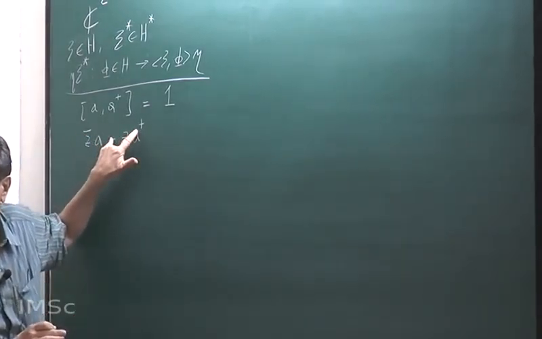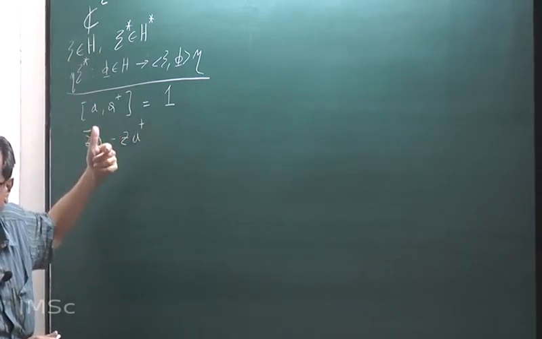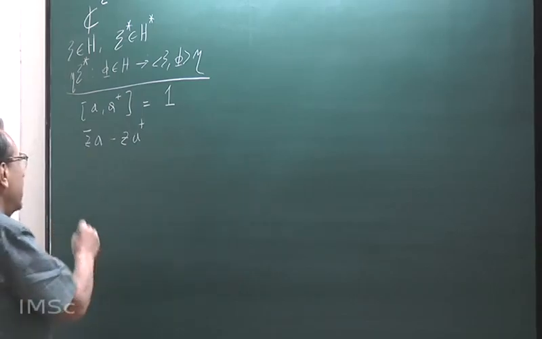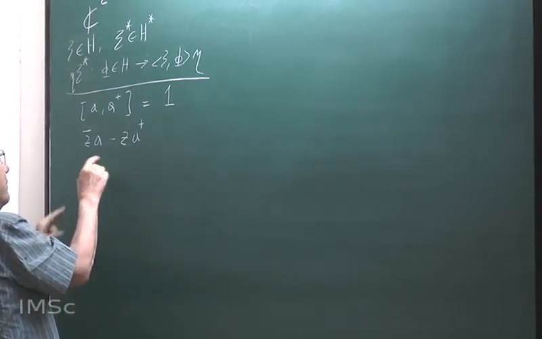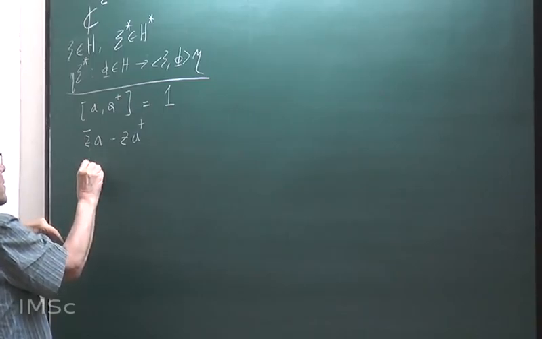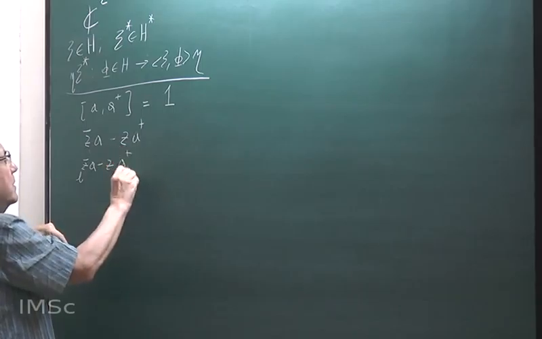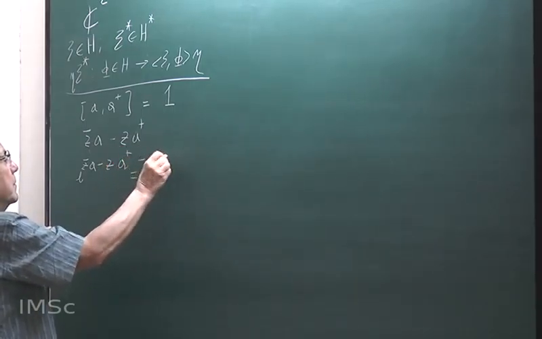This is a skew adjoint operator. So if I multiply by i I get a self-adjoint operator. Therefore, if this is skew adjoint, the exponential will be unitary. And these are the famous Weyl operators.